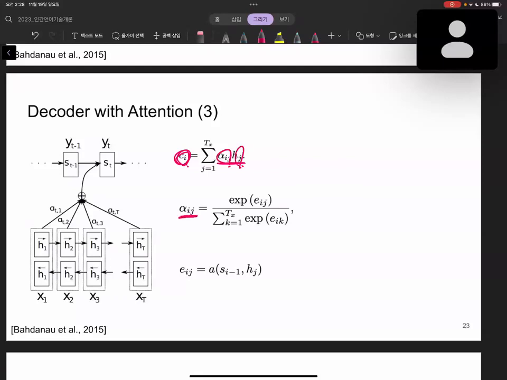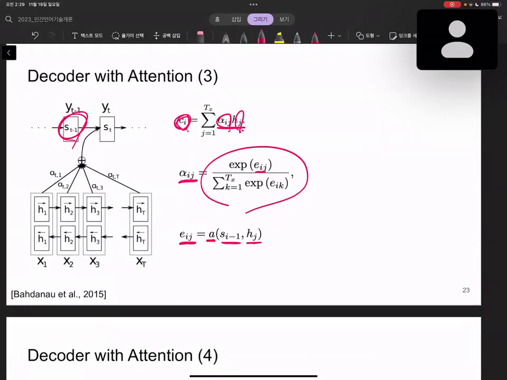And this attention weight can be computed by softmax of e_ij. What is e? That is computed by using the previous s and current h.